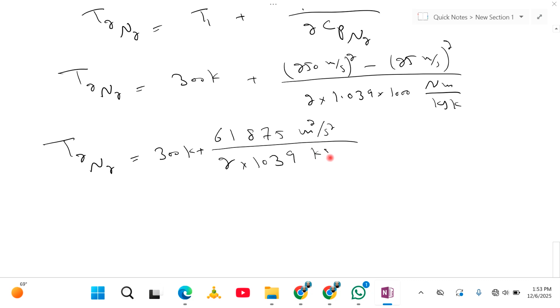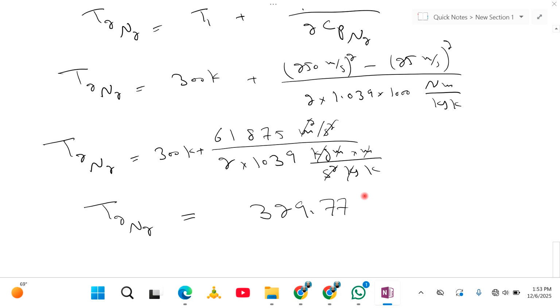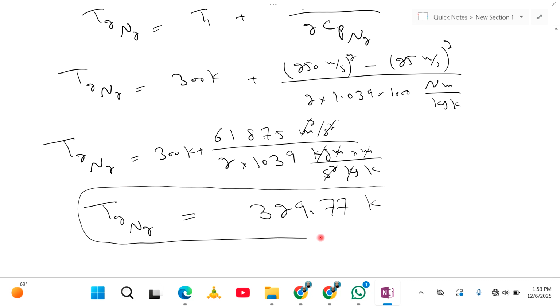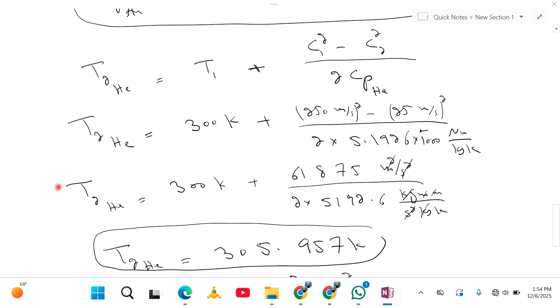Newton is equal to kilogram meter per second square, so kilogram cancels with kilogram, meter square with meter square, second square with second square. Per Kelvin is in the double division, so it shifts to the numerator. So T2 for nitrogen is equal to 329.77 Kelvin. This is the exit temperature for nitrogen, and this is the end of the problem.